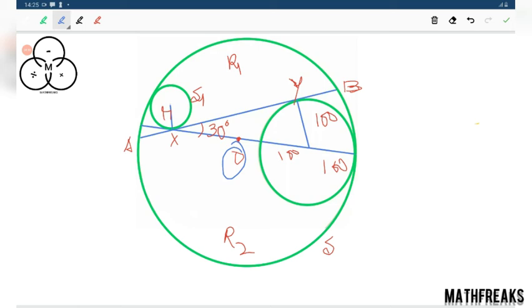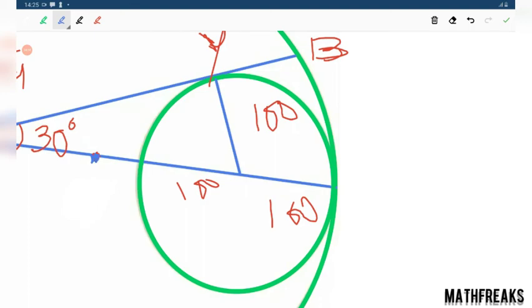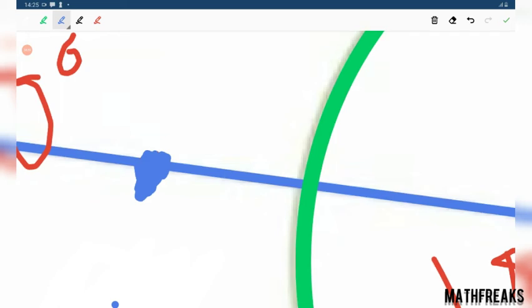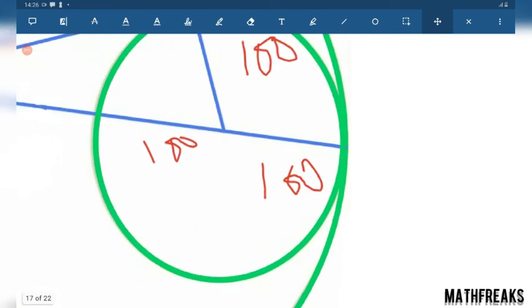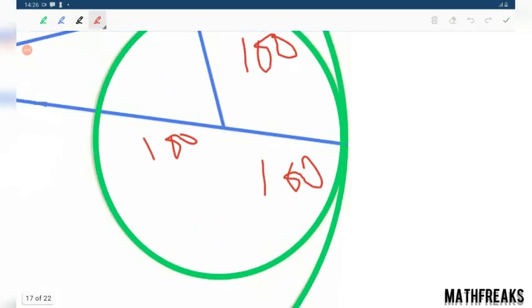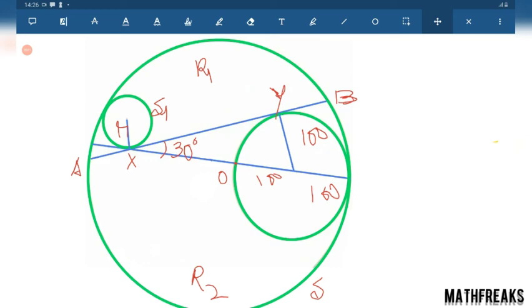So this is not O. O is this point. This is the center of S, because this is given in the question.